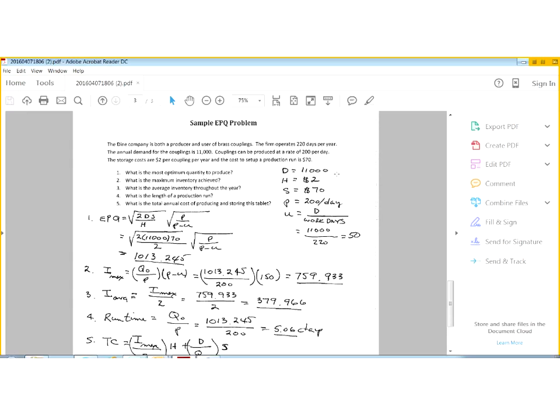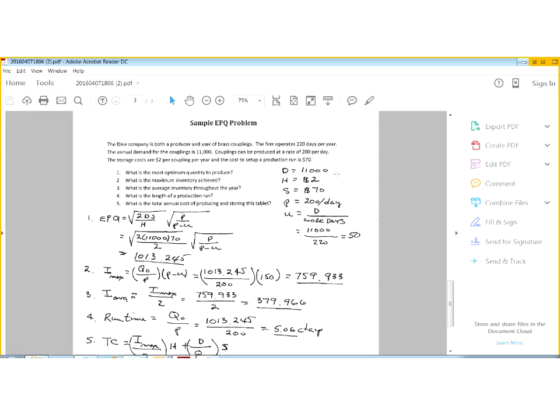So if we divide 11,000 by 220, then we have a usage rate or a demand rate of 50 per day. So the first question is to calculate the optimum economic production quantity.